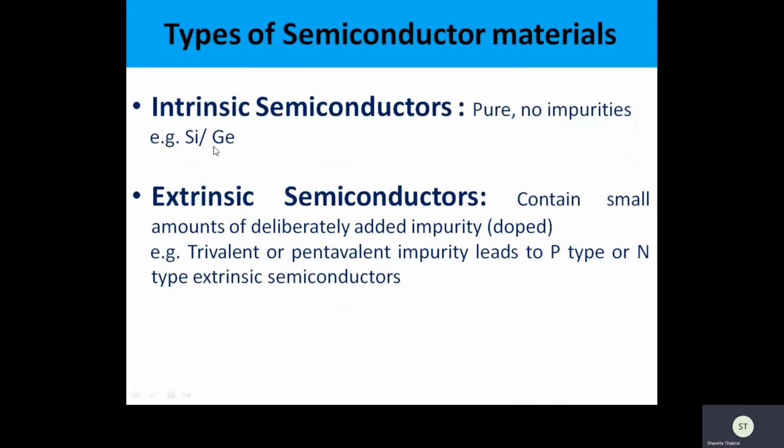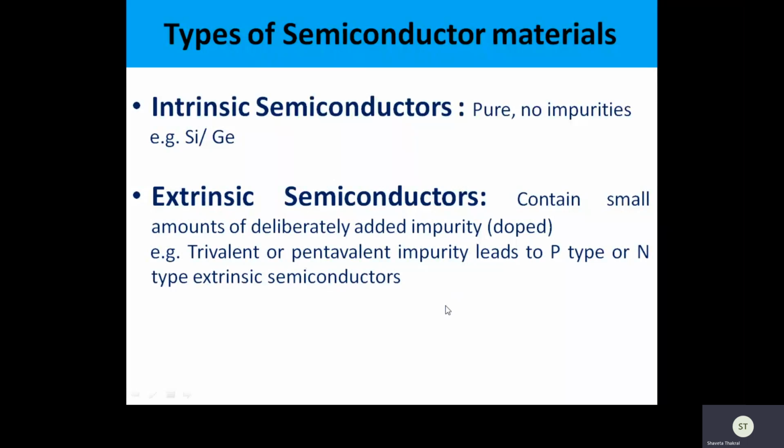In silicon or germanium, we can introduce two types of impurities. One category is called trivalent impurity, and the other category is called pentavalent impurity. Trivalent impurity leads to the p-type extrinsic semiconductor, and pentavalent impurity leads to the n-type extrinsic semiconductor. In which ratio are the impurities added to the pure semiconductor? They are usually in the ratio of parts per million or parts per billion.